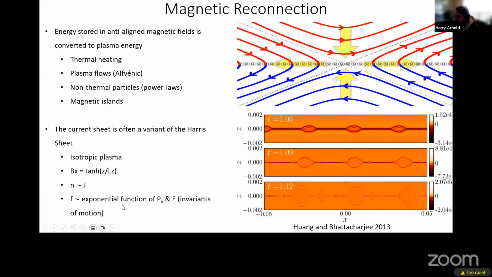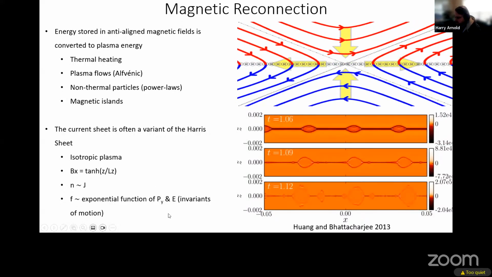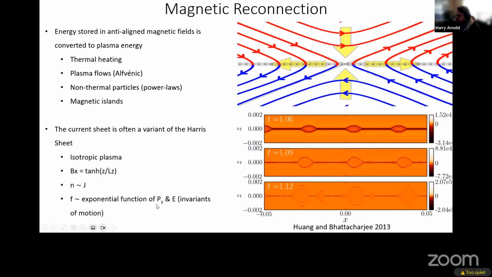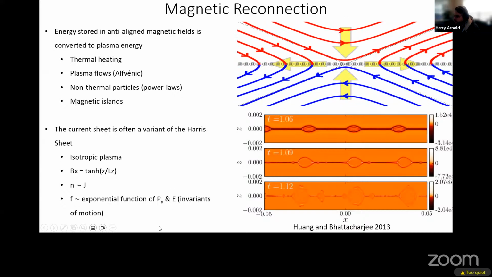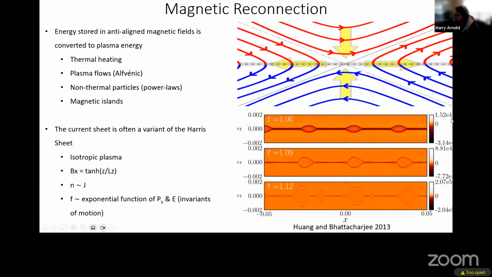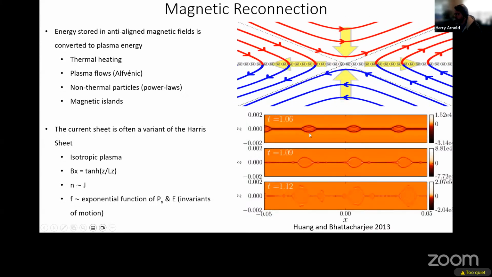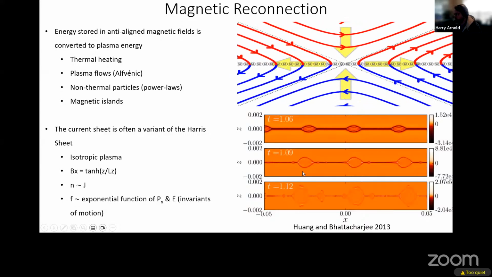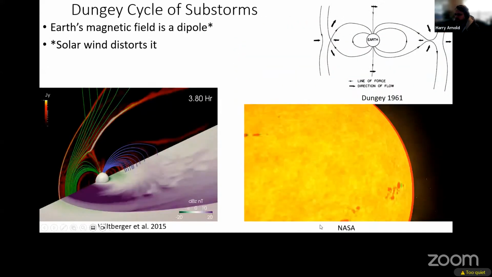And your distribution function is typically a Maxwellian, a function of these invariants, the canonical momentum, the out of plane canonical momentum, and the energy of the particles. So that gets you reconnection, and then there have been many studies. This is just one example where you can see some plasmoid formation in the simulation.